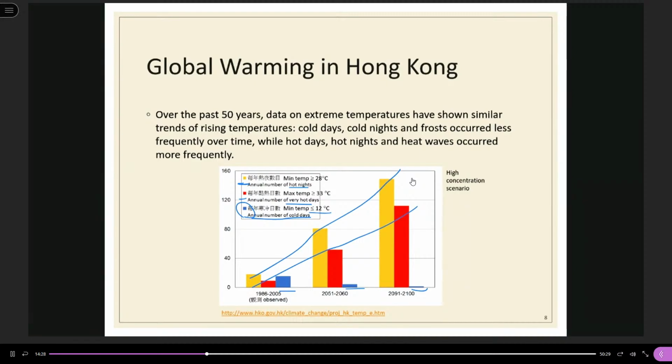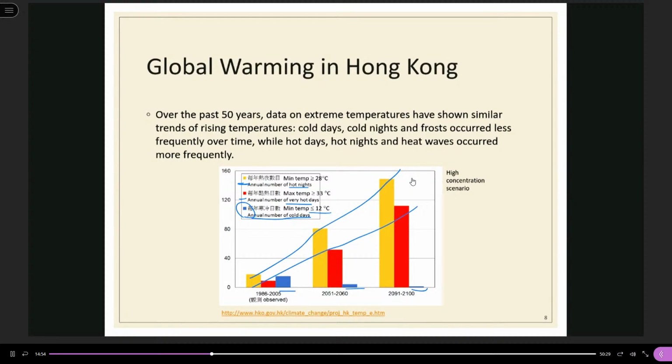Even if we don't produce any carbon dioxide today, the atmosphere already contains a large amount of carbon dioxide. What I mean is that these predictions would probably be true.